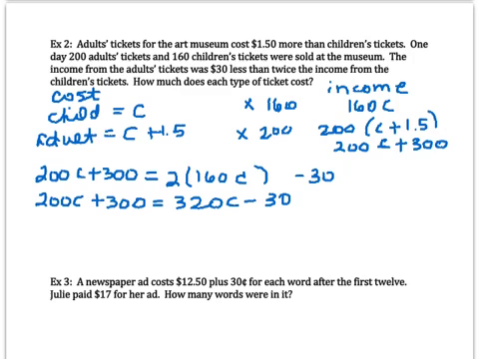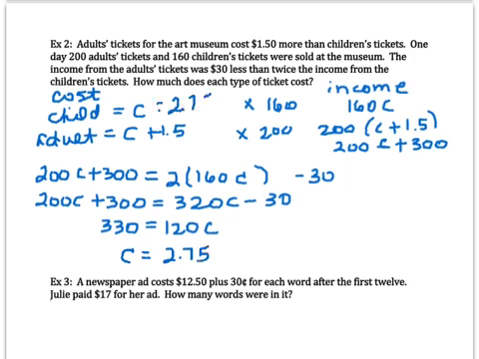So we'll end up with 330 on one side and 120C on the other side. And we find that the cost of a child's ticket is $2.75. So I'm going to write it back up here at the top. And there's my decimal place.